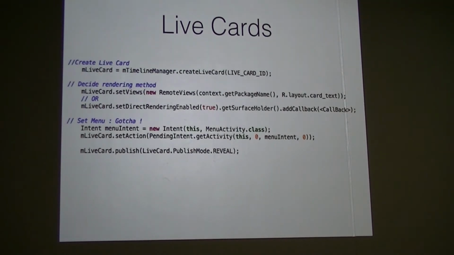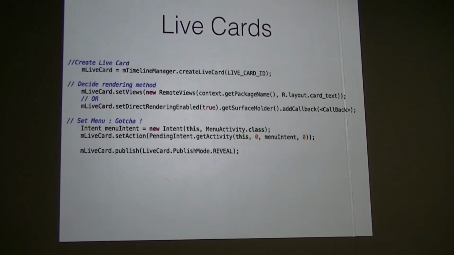When I started, I said, let me not touch the code which is available out there. Let me try from scratch and just put a hello world live card in the timeline. I said I don't need any actions on it, so I omitted the set action lines, and for some reason the live card never showed up. I was staring at the logcat to find something relevant.